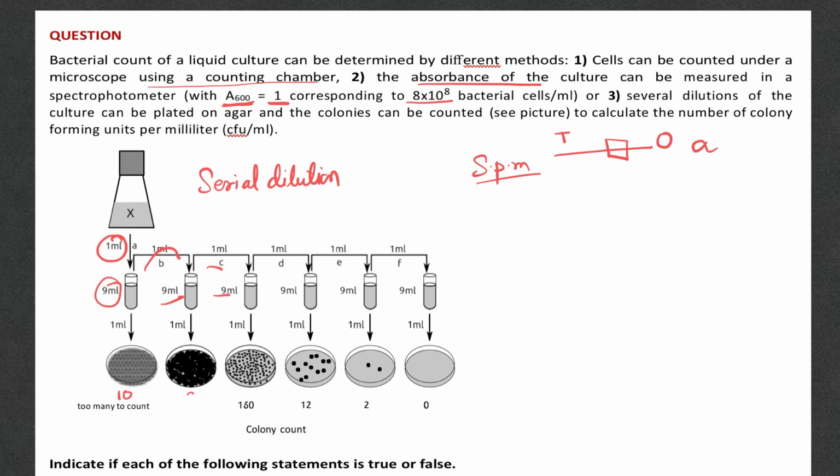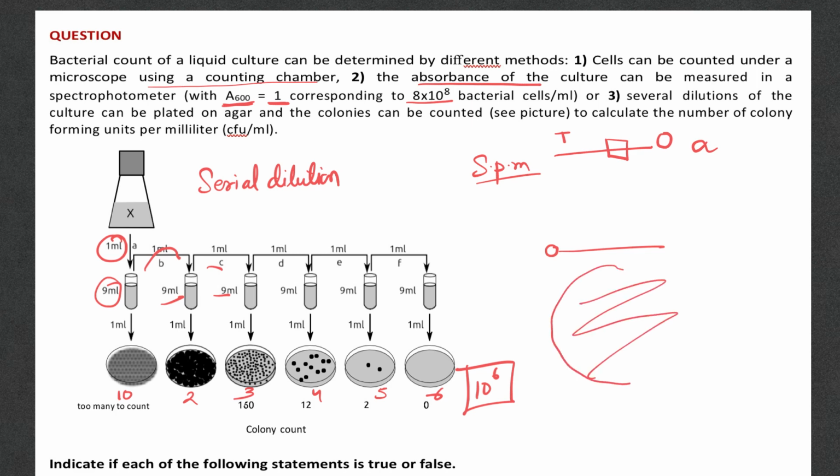So 10 times, 2 times, 3 times, 4 times, 5 times, 6 times. So at the end, you have 10 to the power 6 dilution there. And each time you plate them. What do you do? You mix the solution well. You take a loop and a plate, and there are different ways of plating, but you do this, right?